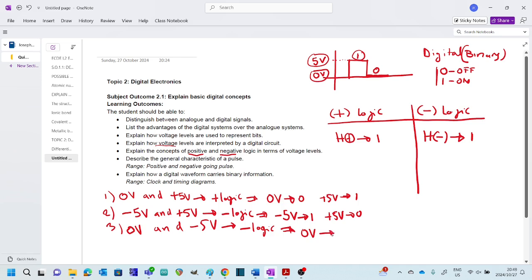A 0 volt still represents a 0, and a negative volt is going to represent a 1. That's it. Negative volt represents a 1. I really believe you understand this. Let me take another example.